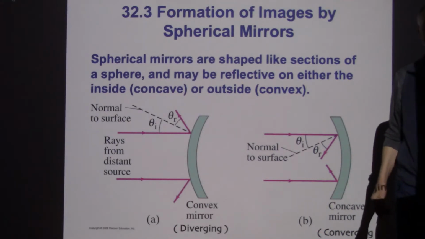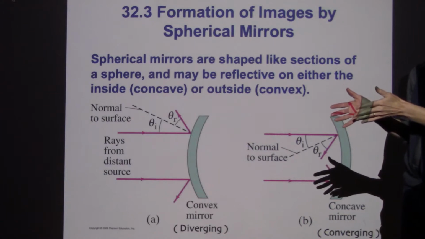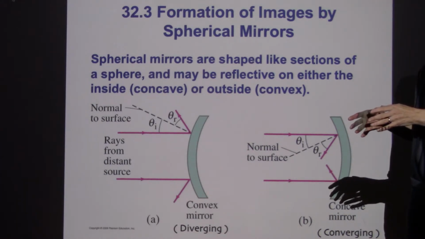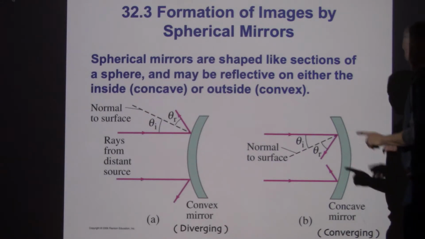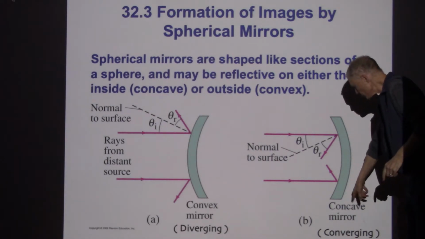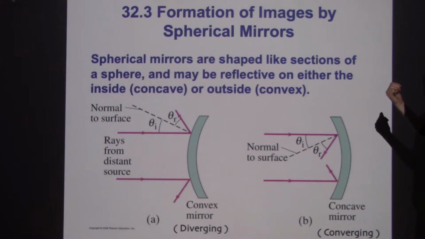The effect of the mirror is to take parallel light, and after the reflection has taken place, that light will be converging, or come together, to a point. The textbook doesn't start using the word converging until next chapter, where we start talking about lenses, but converging definitely applies to this sort of mirror.